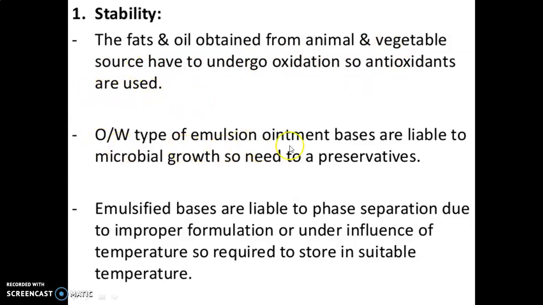Oil in water type emulsion ointment bases are liable to microbial growth, so preservatives are needed. Emulsified bases are liable to phase separation due to improper formulation or under the influence of temperature, so they are required to be stored at a suitable temperature.